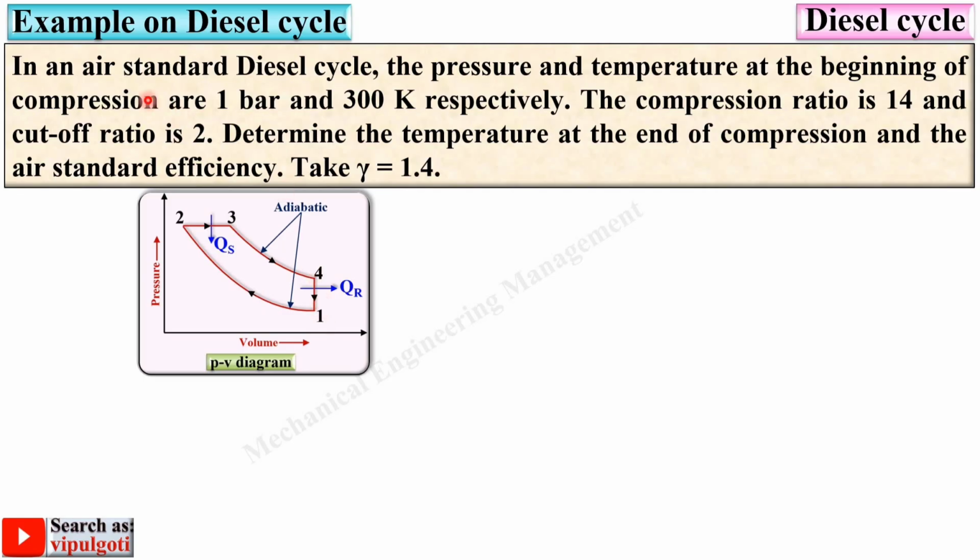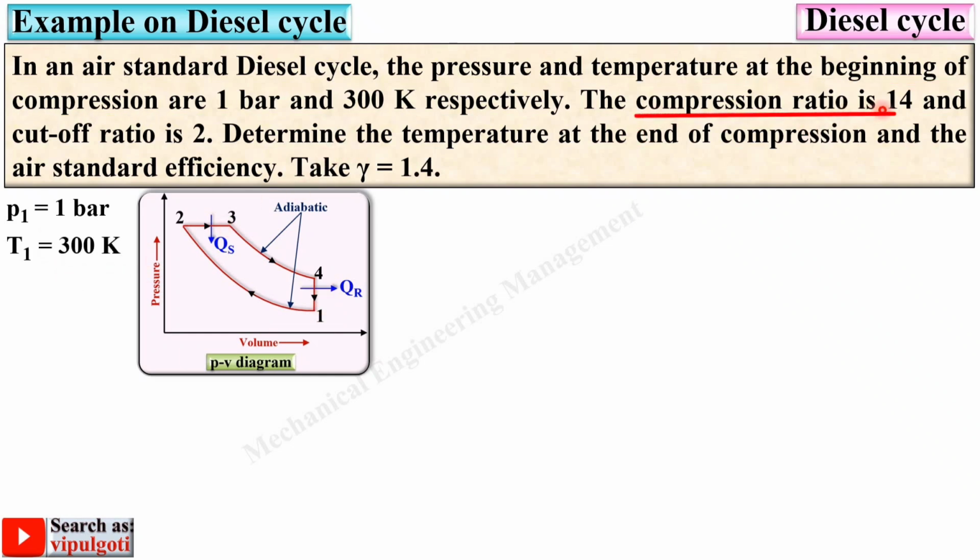So first of all I am going to write the given data into the symbolic notation. Here you can see this is the compression process. Here it is given to you the pressure at the beginning of the compression, means at the state 1. So here P1 is equal to 1 bar. Then temperature at the beginning of the compression process, at state 1, so it is T1.